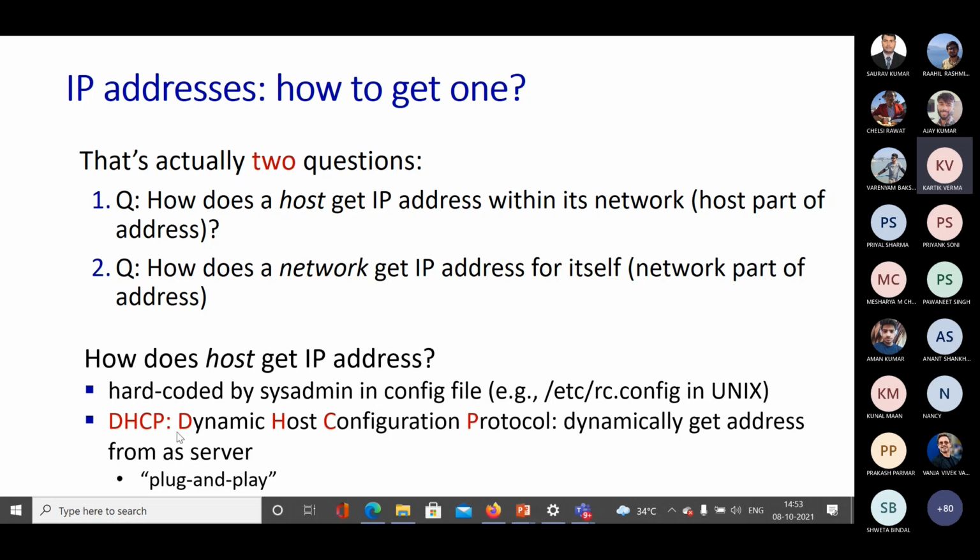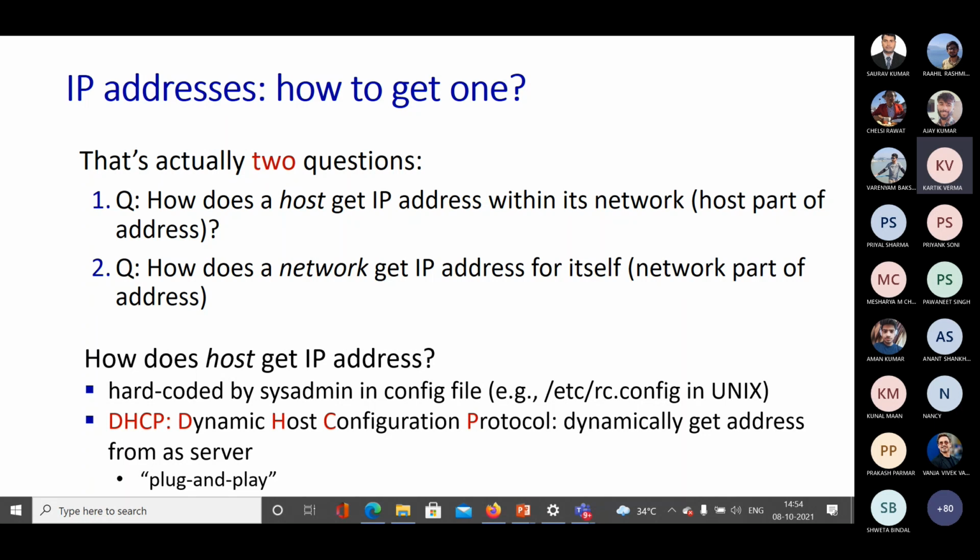So what we use is DHCP, that is, Dynamic Host Configuration Protocol. This is a protocol which dynamically gives an IP address to a particular host in a network, and it follows a rule known as plug and play. It essentially means that whenever you add your device to the network, only then do you get the IP address.